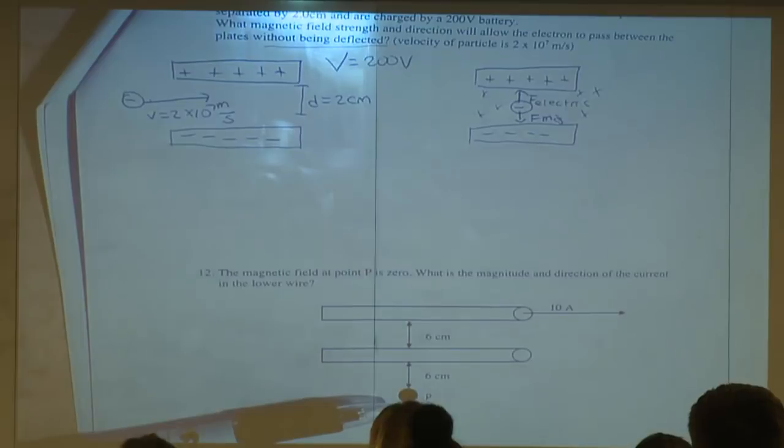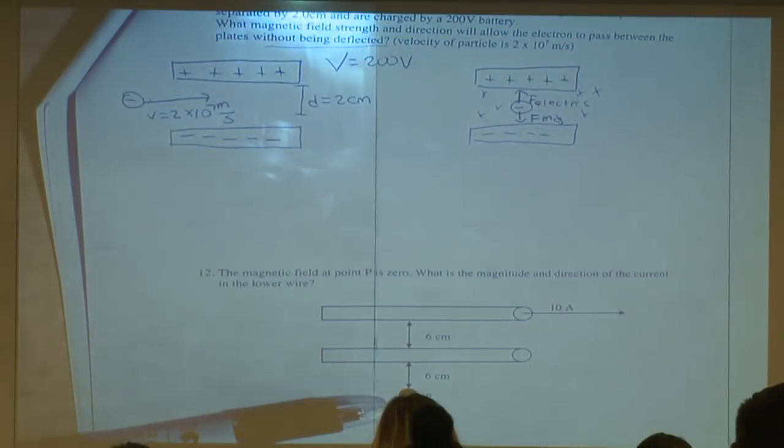So for a proton, it would be going out. So then for an electron, it should be the opposite, going in, right? You guys can tell me if I'm mistaken, because you want the magnetic force to be going down, the velocity would be going this way, so then the magnetic field would be going out if this were a proton, but because it's an electron, it would be the opposite.